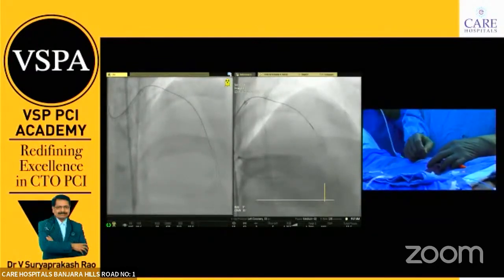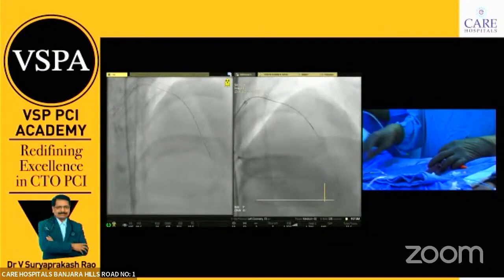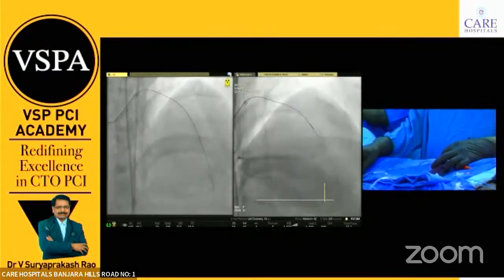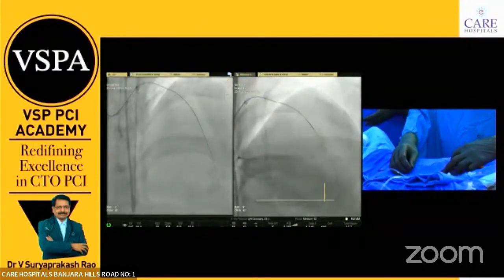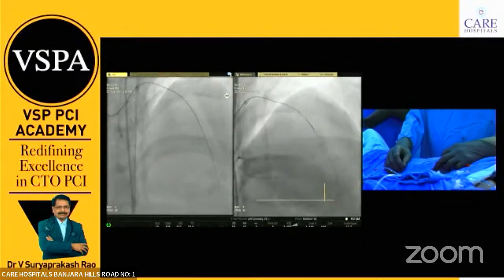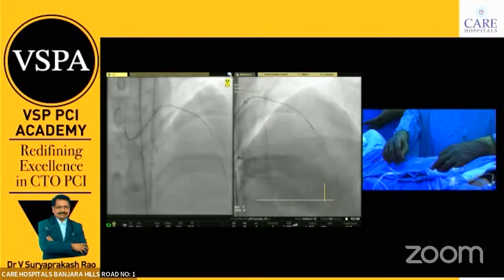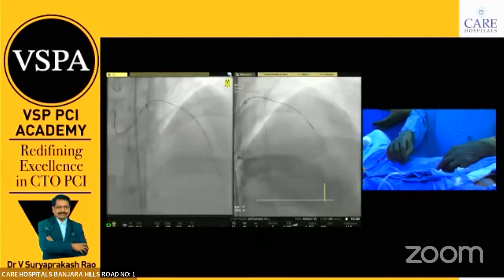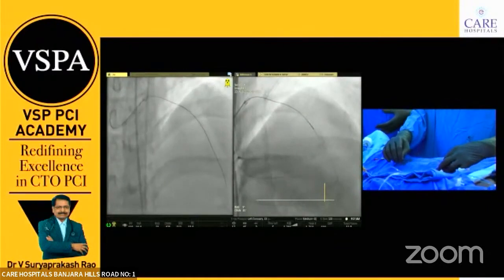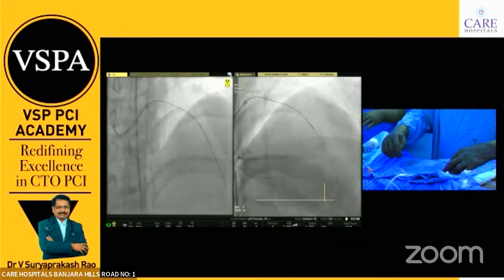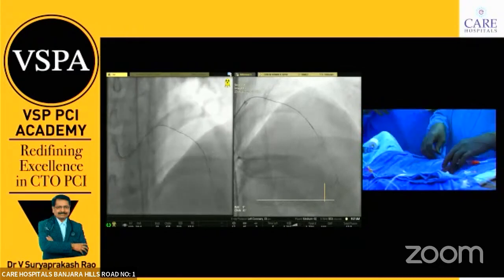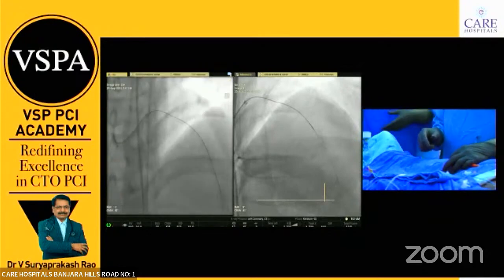Now my balloon is trapped. Now I can easily remove it. Show the guiding please for the learners. I am removing this Corsair catheter easily with a little opening of the Y connector. You can easily and safely take out the Corsair, the microcatheter. This is the safest technique of all. Deflate the balloon.